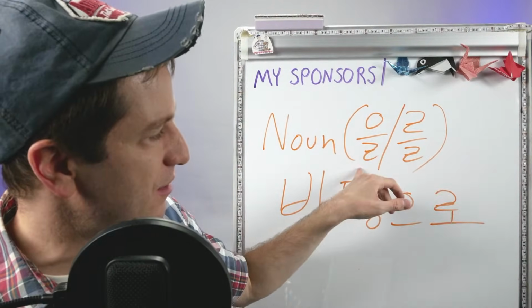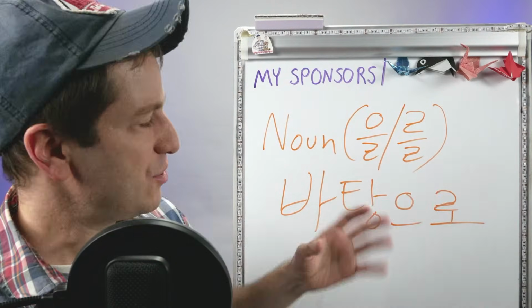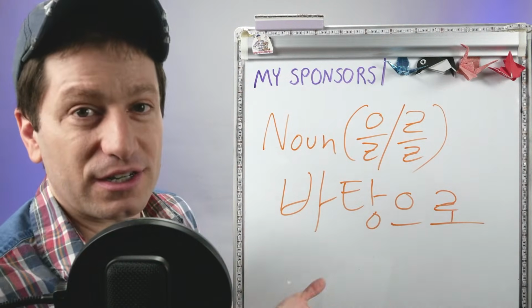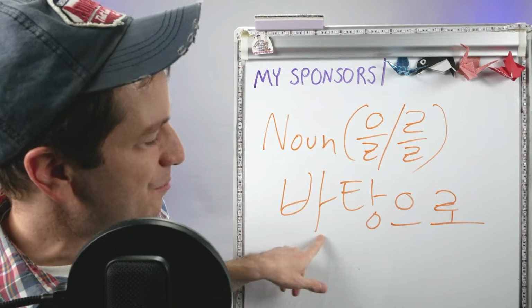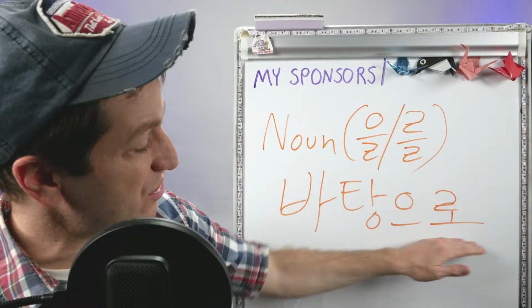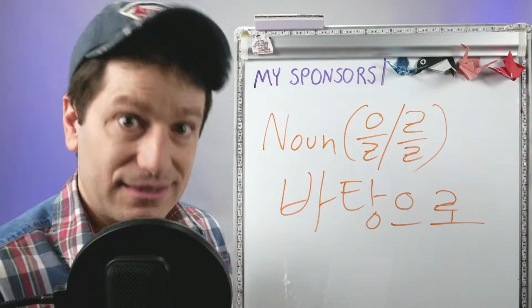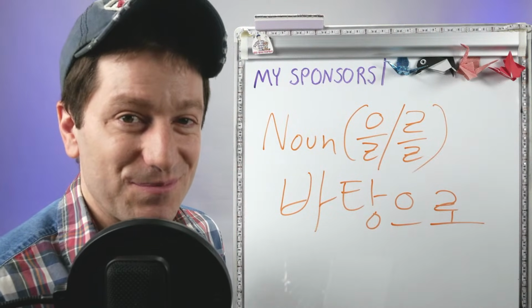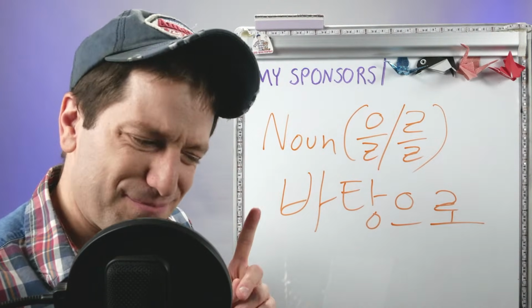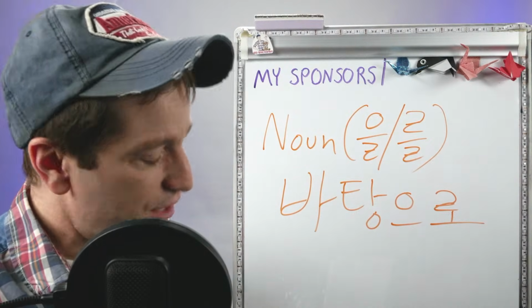So that'll be 을 after a consonant or 를 after a vowel. So if it's based on a book, well, book is 책. So 책을 바탕, and then you attach 으로. 책을 바탕으로. That's it. That's all you need to know about how to use this form. Now, there's a little more to it. I'll give you some more information about it, but that's all you need to know about how to use it.